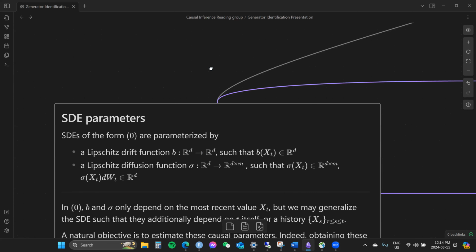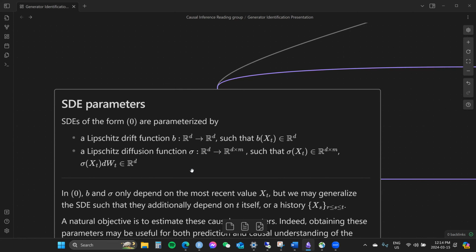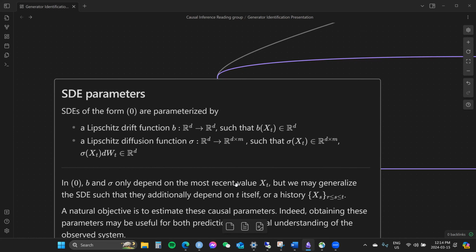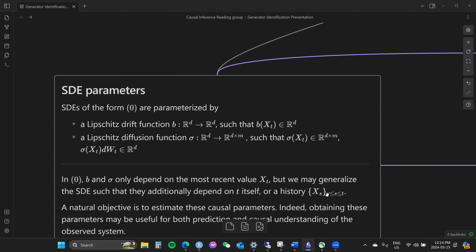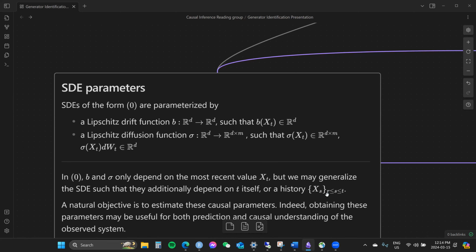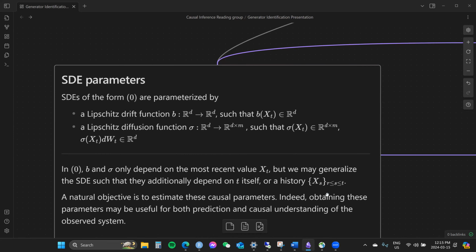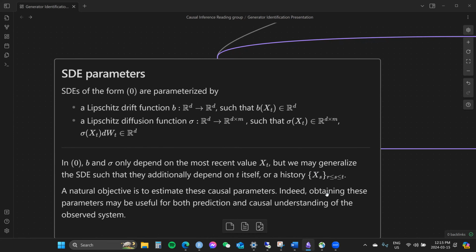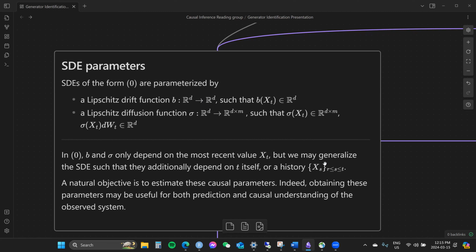It'll still be coherent. You could consider some lag terms, so consider basically a history or a partial history. And you could also consider just dependence on time itself. Maybe we should clarify that that's not actually in the paper, but that's our extra thoughts about it. The paper considers just the one where it's time value dependent.